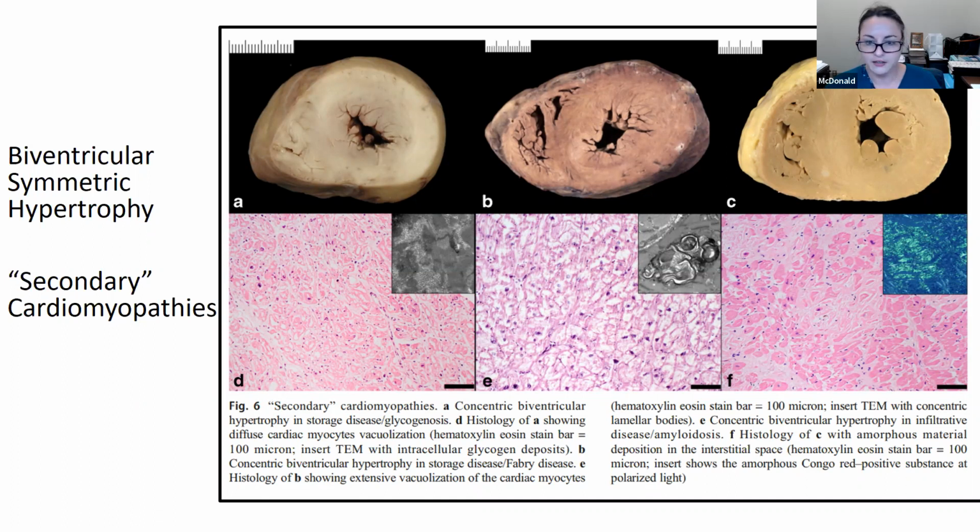And then in the middle there as well, and on the right, pardon me, it's more of an interstitial process we can see with the amorphous material with amyloid. And as you can see in the insets, ancillary testing is really important in the workup of these conditions, electron microscopy and special stains.